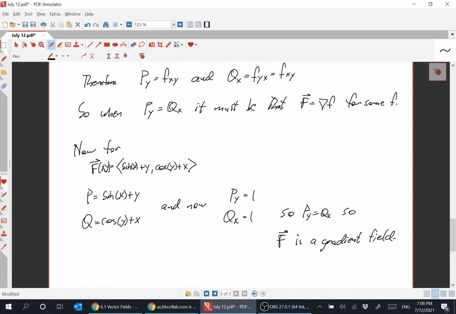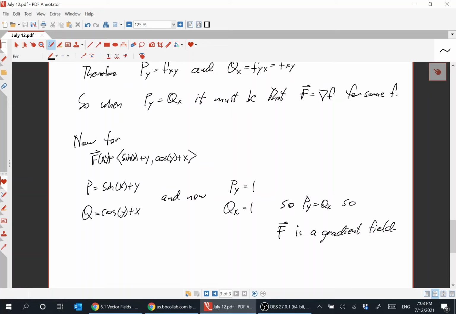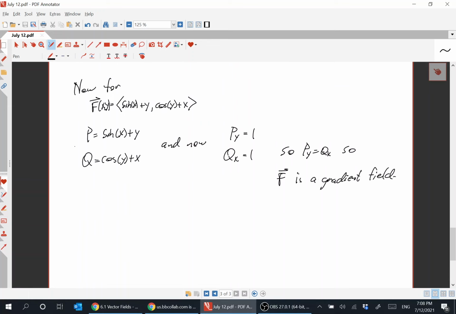But if you do get that they are equal, then it's a gradient field, and you have to find what that antiderivative is. So you're going to have to do method one anyway. Method one is often the way to go when you're actually trying to find that antiderivative, such as when you're using the fundamental theorem of calculus for line integrals.